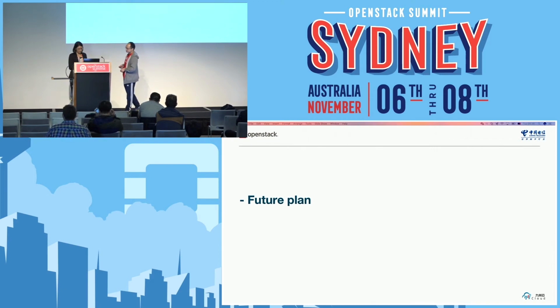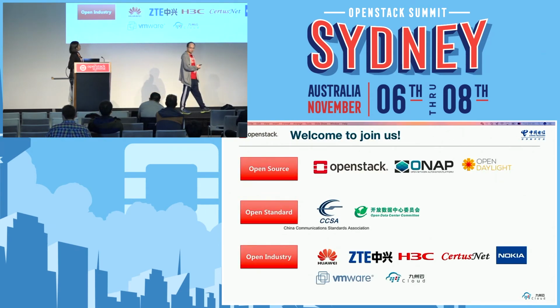Okay. So I will talk about our future plan. Now, we are trying to make SDN Hub open source, open standard, and open industry. Currently, we already use some open source tools in SDN Hub, including OpenStack and OpenDaylight. As you know, we use OpenDaylight and the MD-SAL framework as the basic framework of the SDN Hub driver. We will also try to commit SDN Hub to mainstream open source communities such as OpenStack.